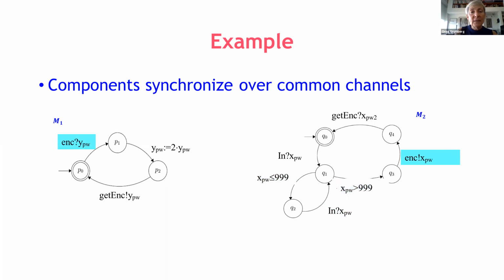It now synchronizes with the other component on the channel encrypt, and the value of X PW is assigned to the value of Y PW. Now Y PW doubles its value and sends it back by synchronizing on the channel get encrypted, where Y PW is assigned to X PW2.